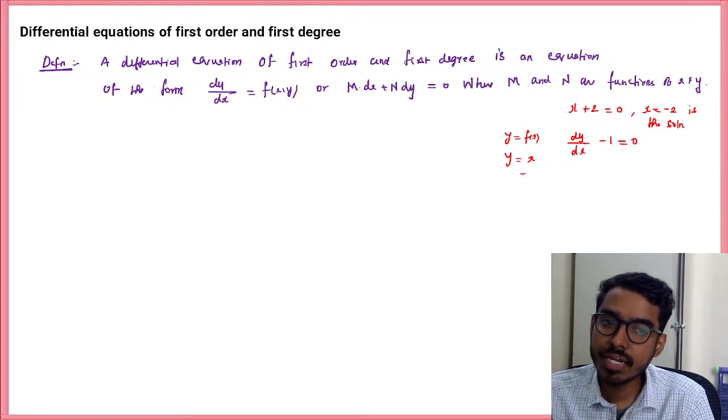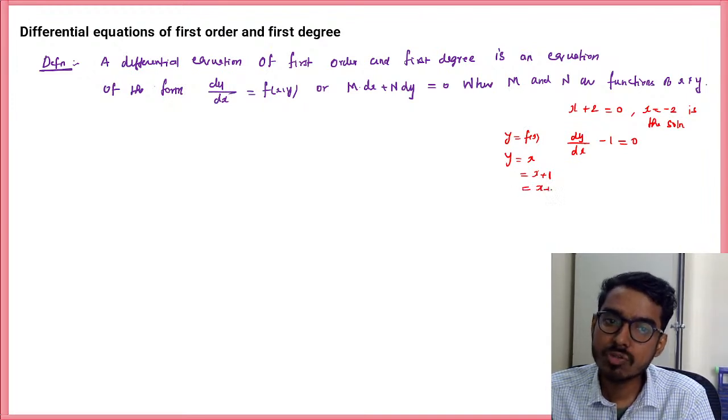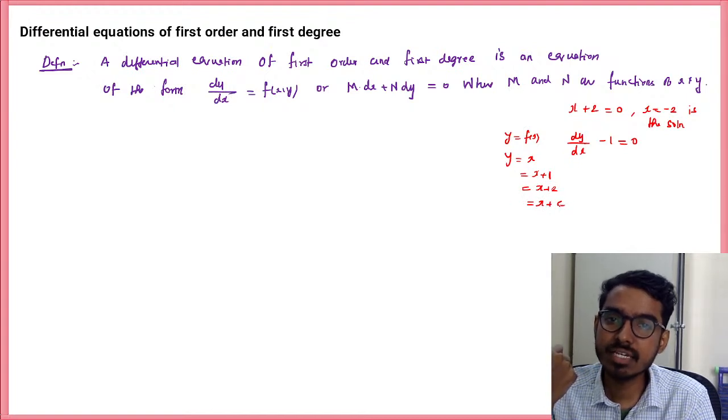Not only that, let us take x plus 1. Again this will be a solution, because when you differentiate that, you will have 1 again. Similarly x plus 2. So in general, x plus c, x plus any constant, will be a solution for this equation.